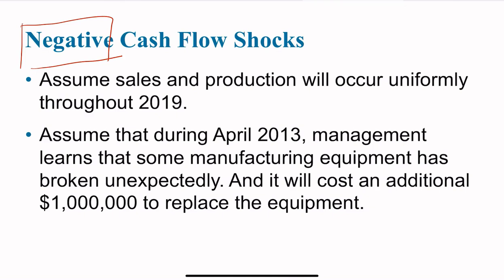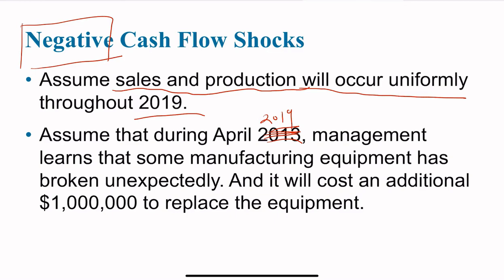Now let's say we maintain our initial assumption, that is, the firm's sales and production will occur evenly across 2019. However, we assume in April 2019, this is a typo, we should have 2019 here, the firm finds out its equipment needs replacement.